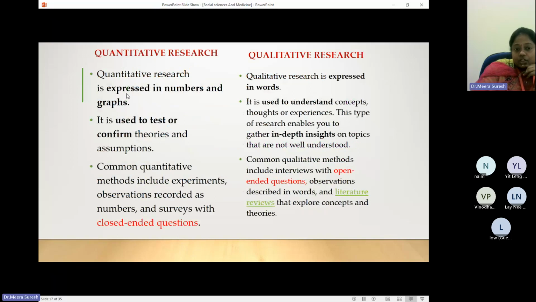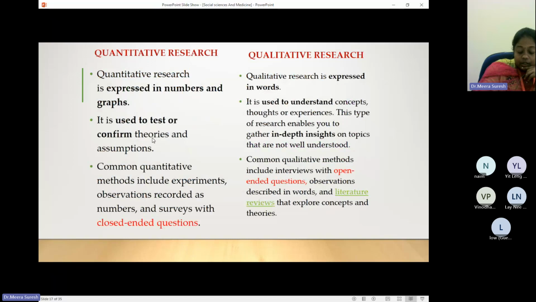So quantitative research is expressed in numbers or graphs, and it is used to test or confirm theories and assumptions. You will be studying quantitative in detail in research methodology in the next semester.